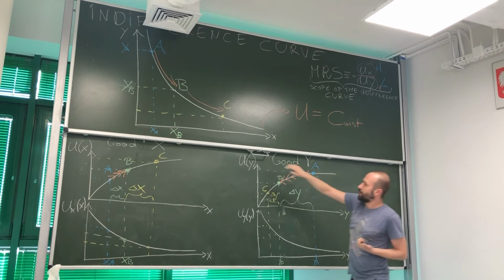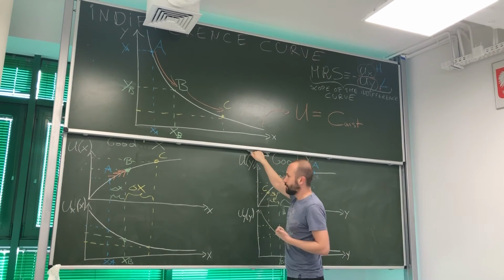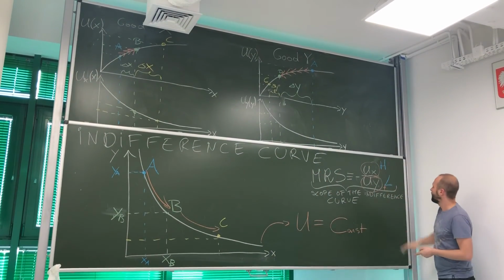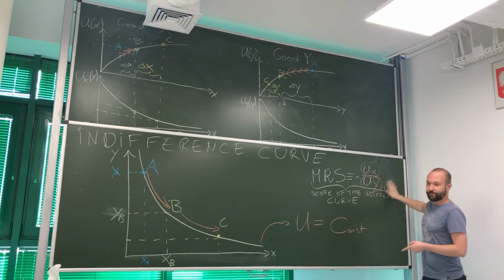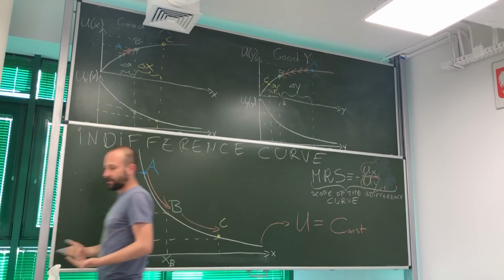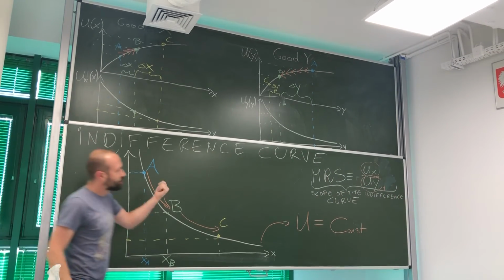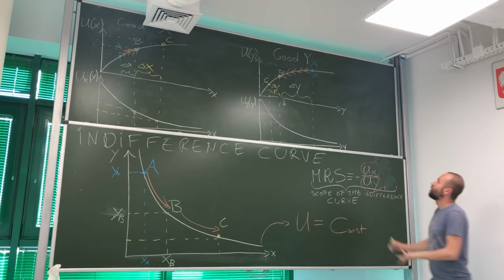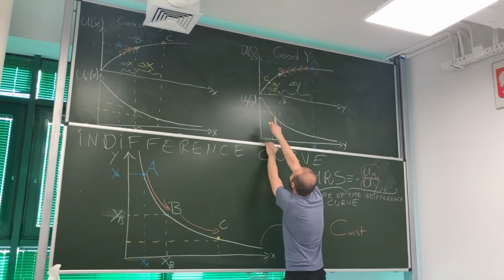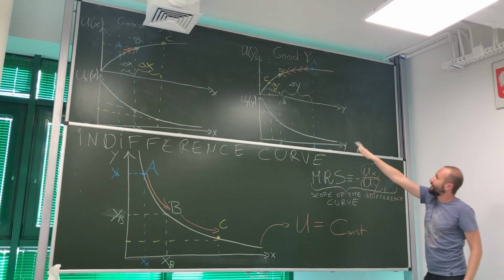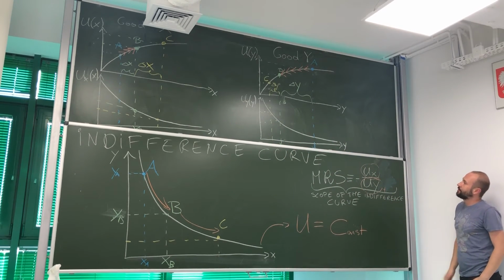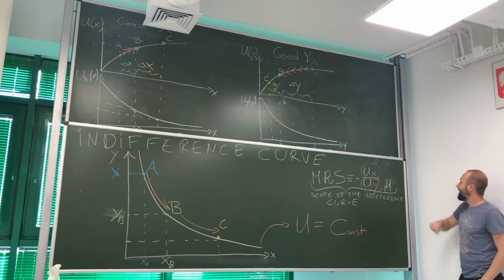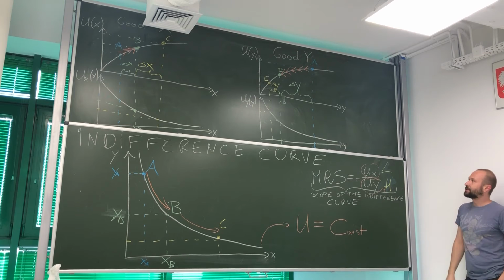Why is that so? Look, because now, when we are at a point like the point C, the situation here is completely reversed, right? Which marginal utility is high? Well, now that we have very little of good Y, this one is going to be high, and this one is going to be low.